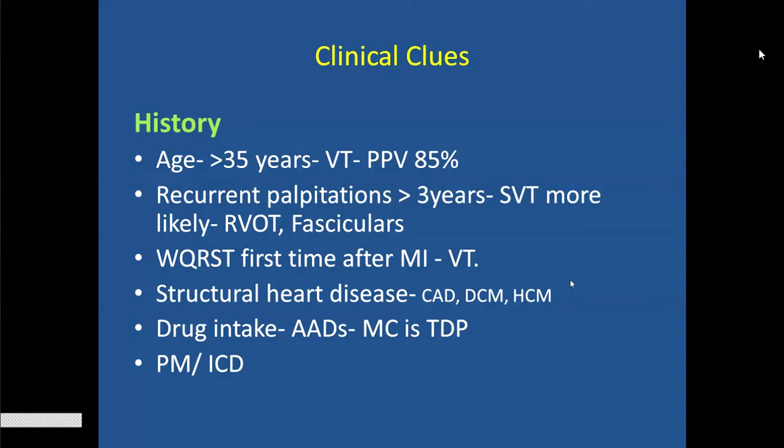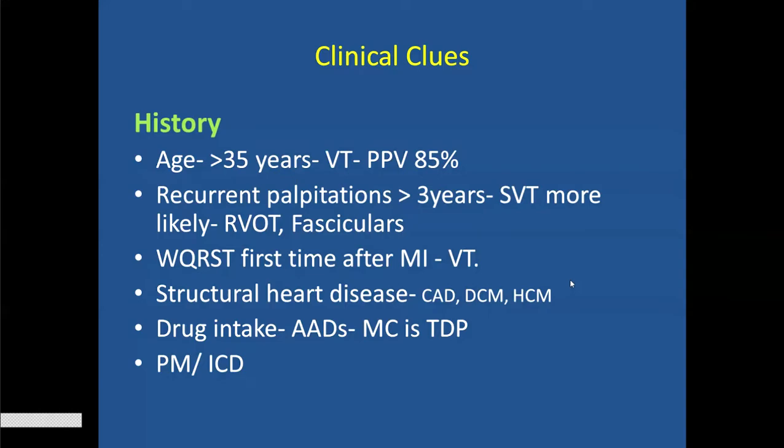Likewise, structural heart disease like coronary artery disease, dilated cardiomyopathy, hypertrophic cardiomyopathy, all point towards a wide complex tachy being a VT. A person taking antiarrhythmic drugs also points towards the tachy being a ventricular tachycardia and not a supraventricular tachycardia.